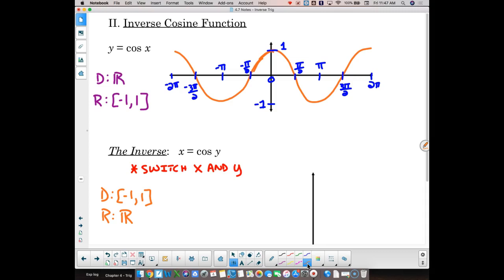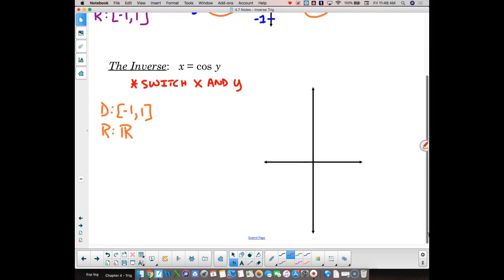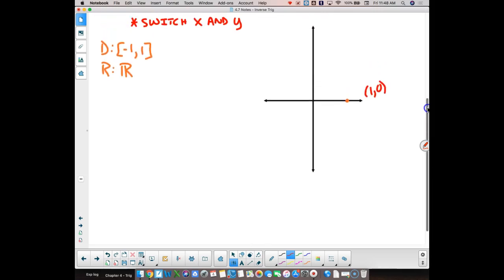And I would take, so like up here, I started at the point 0, 1, which means on my inverse, I am going to be at the point 1, 0. Up a little bit, make it easier on me. Okay. So I'm going all the way out to 1. I'm going all the way out to -1.